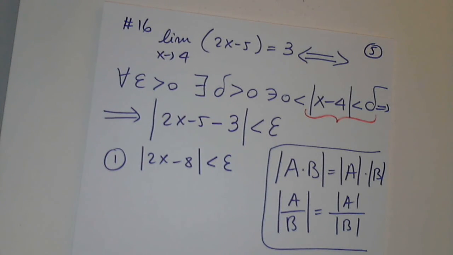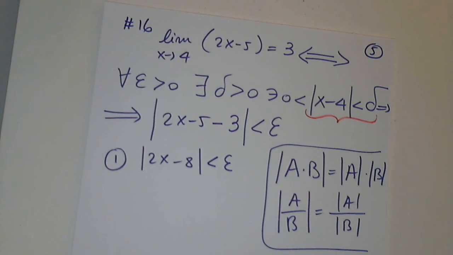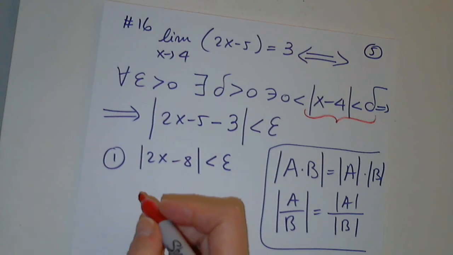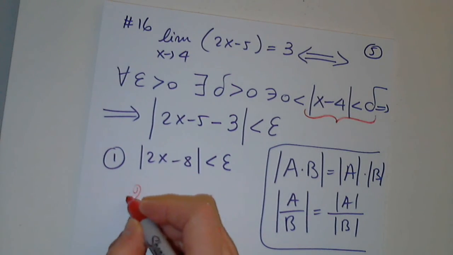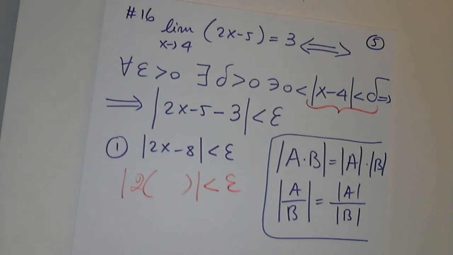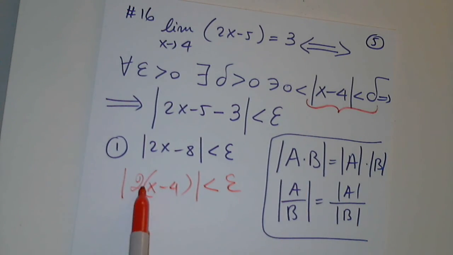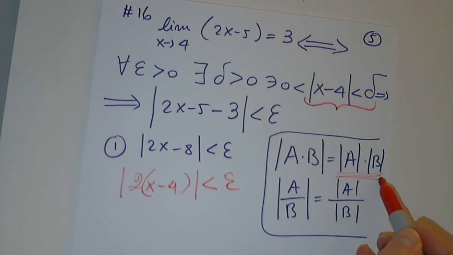Okay, so now, what do you think we're going to do? Excellent. What is left in parentheses? Excellent. We're quite close. Now, this is a product. I have to use this property.